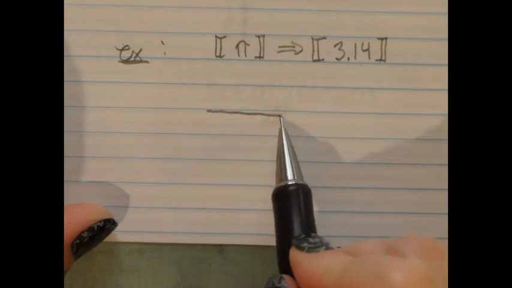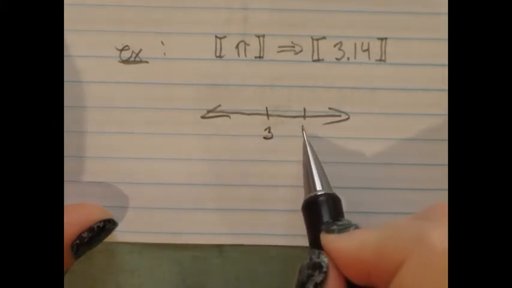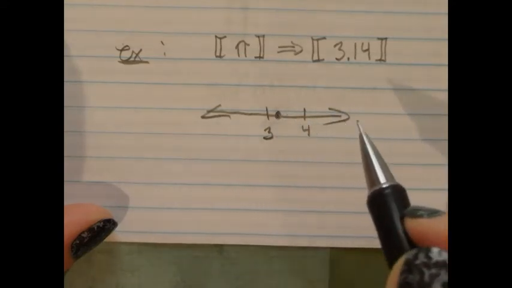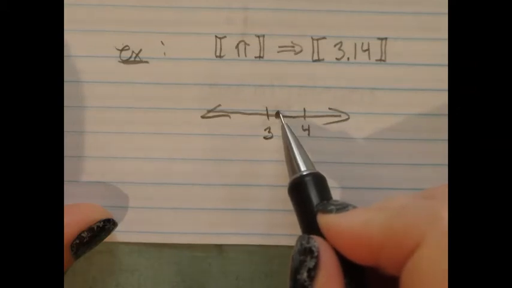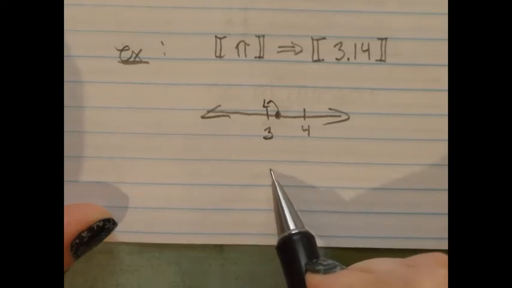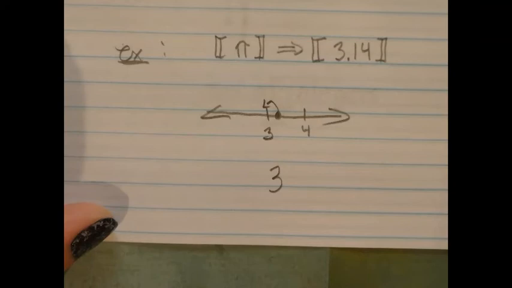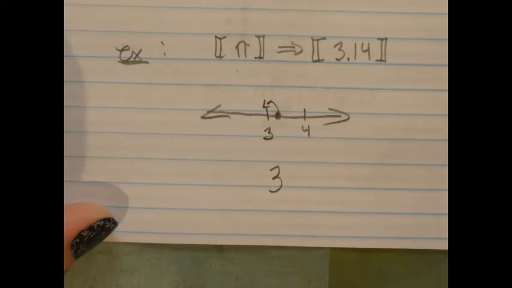Well, on the number line, as we know, here is 3, here's 4. 3.14, let's just pretend like it's right there. If this is 3.14, the greatest integer function says I'm going to round down. So my final answer is going to be 3. So don't let something like this scare you when they give you pi. But that's all there is to it as far as finding the greatest integer function.